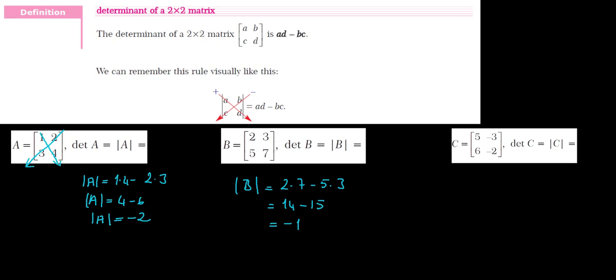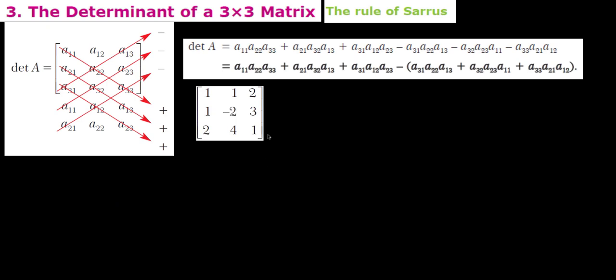Okay, let's continue with the determinant of a 3 by 3 matrix. We are going to use different methods, but here I'm going to teach you Sarrus' method. For Sarrus' method, we write the matrix and then the first 2 rows again. Then we multiply them diagonally: the first group comes with a plus sign, which means we add them, and the second group comes with a minus sign, which means we subtract from the result.